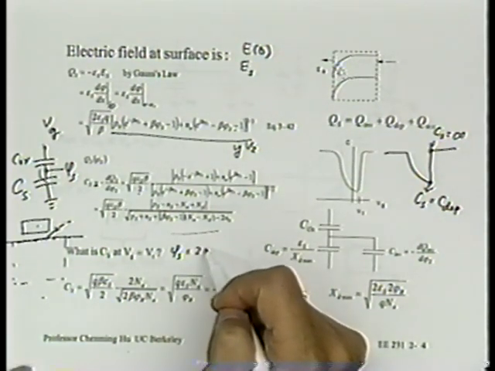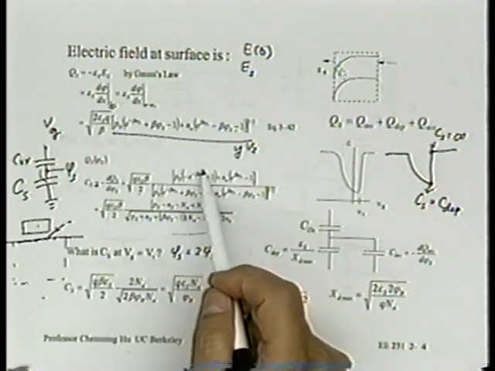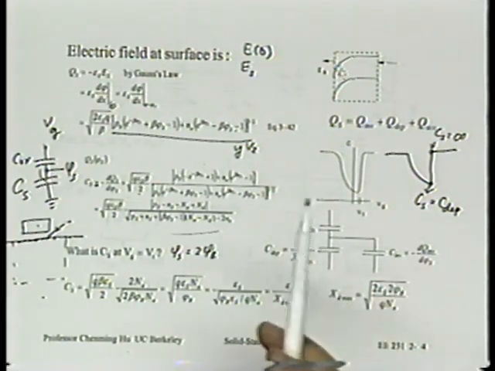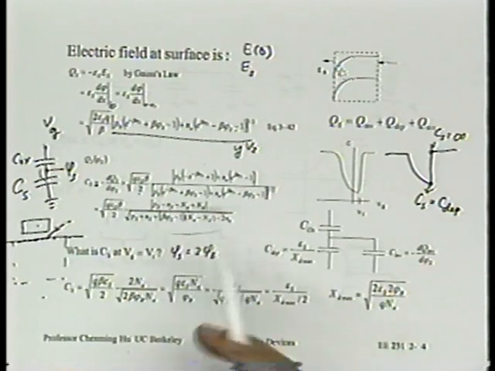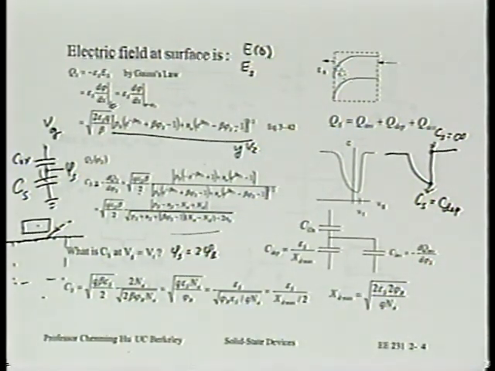2 phi b. Great. So if you want to use the first expression, just substitute this with 2 phi b, right? It's actually a little easier to use the second expression, because you all have a concept of what the hole concentration is at threshold, what the electron concentration is at threshold, for example. Let's remember the example we have been using is the P-type doped example. Let's continue to use that example.